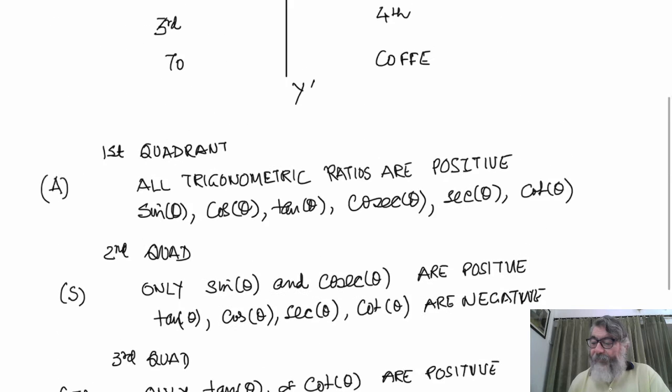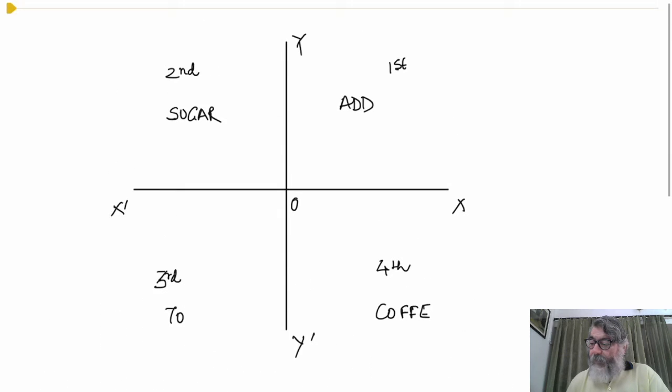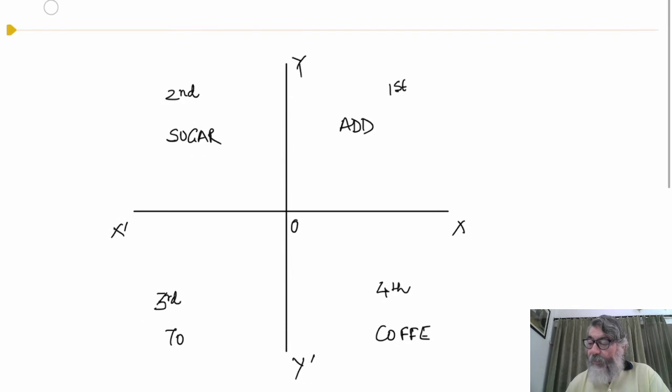Now, for example, if I go back again here, then I'm saying here what all in this quadrant in YOX, all ratios are positive. Here only sine and cosec are positive, the rest are negative. In the third quadrant, only tan and cot are positive, the rest are negative.